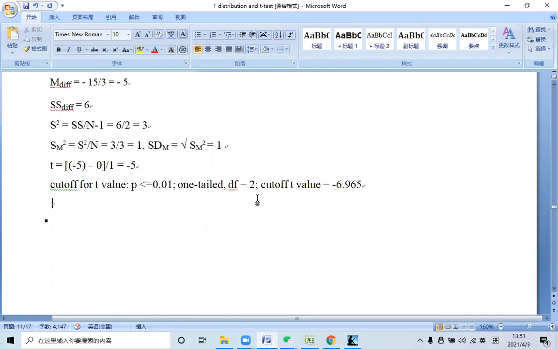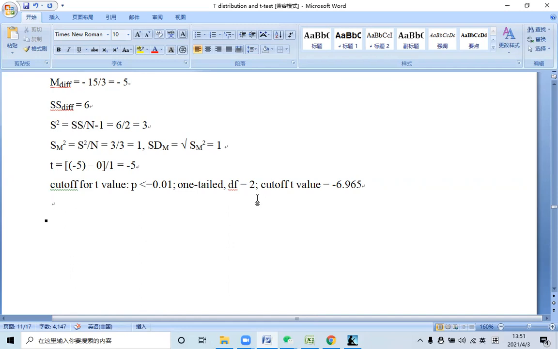In this case, we don't have sufficient evidence to show that testosterone injections increase aggression. We don't have enough evidence to support that. In other words, our result is not significant at the 0.01 level.